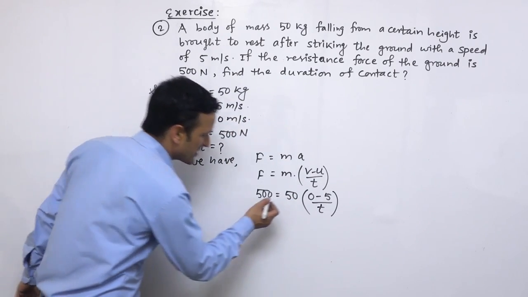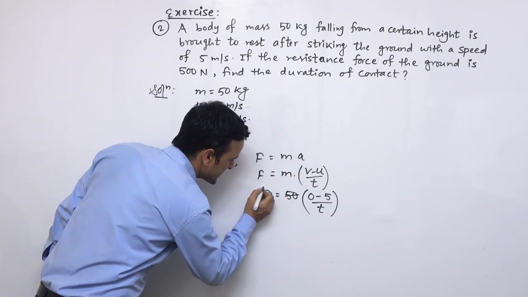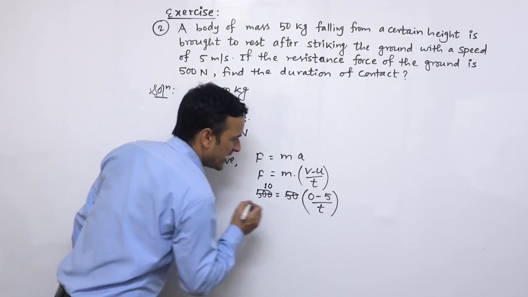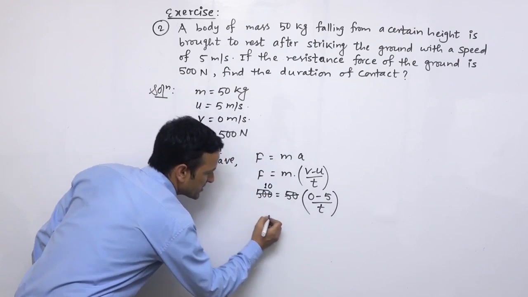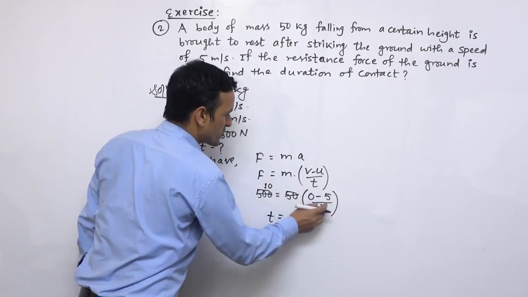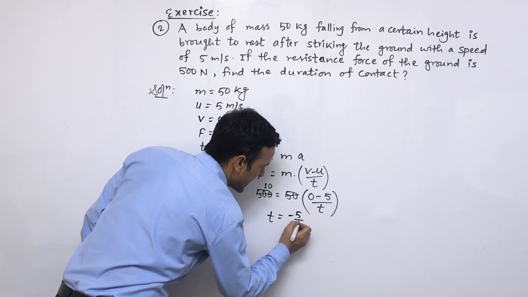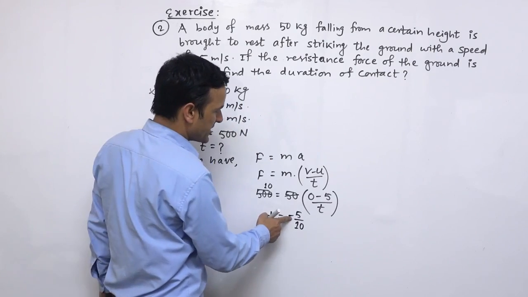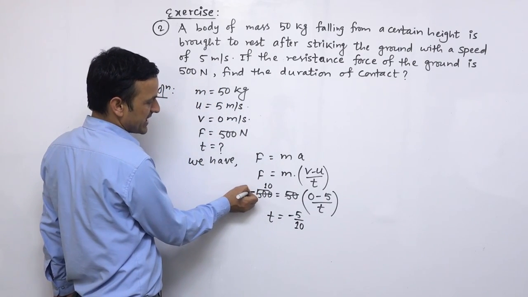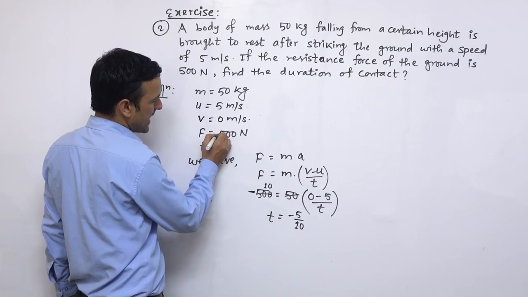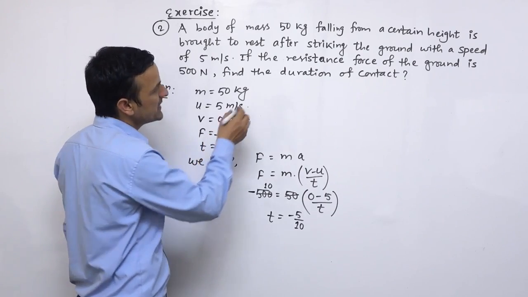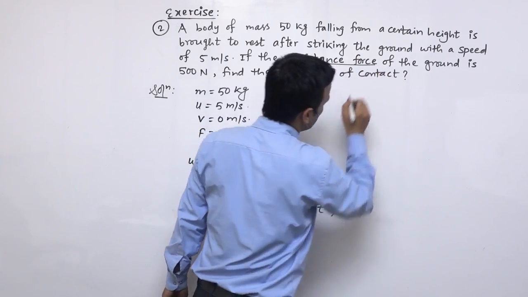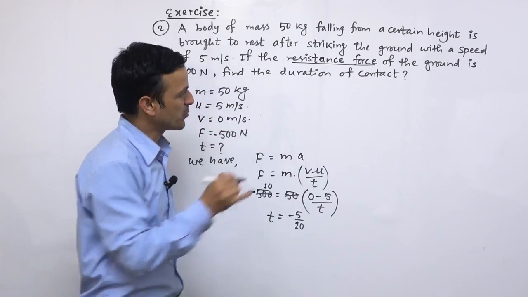So we can cut down 50 tens, so it is 10, and if you cross multiply, we get minus 5 by 10. So this is minus, but time can never be negative. So write down force as negative here. We write minus 500 Newton because this is resistance force, which means it is opposite force.